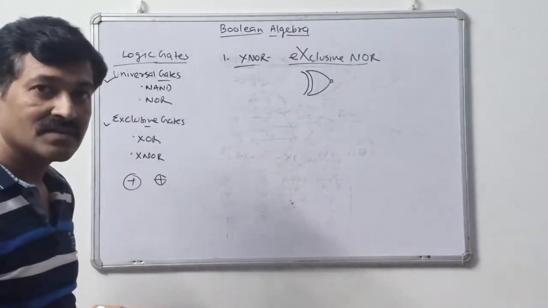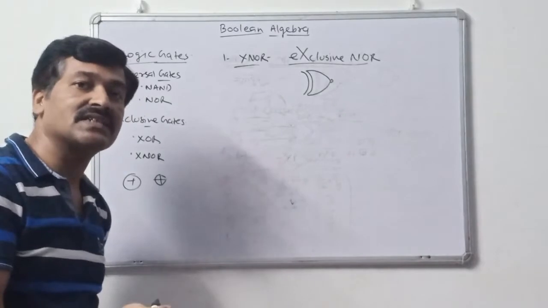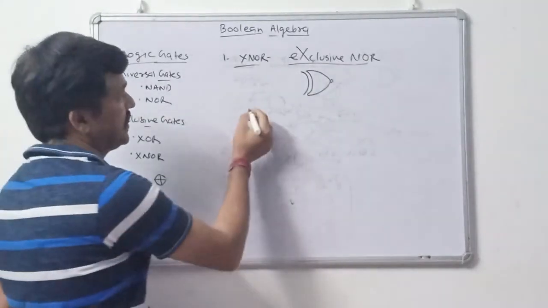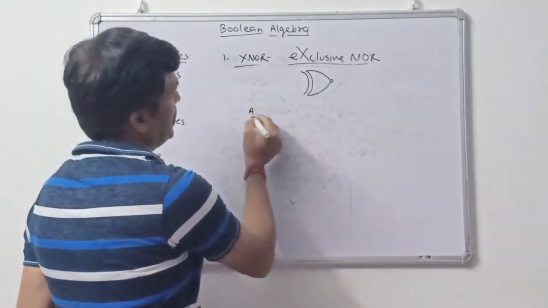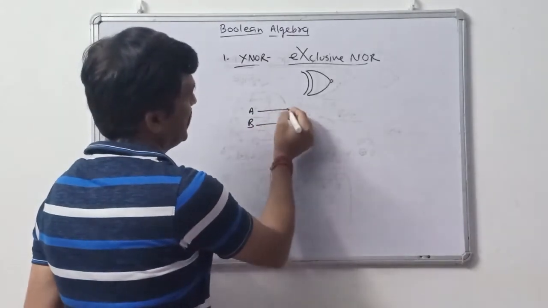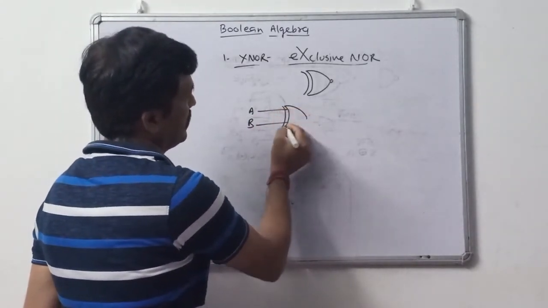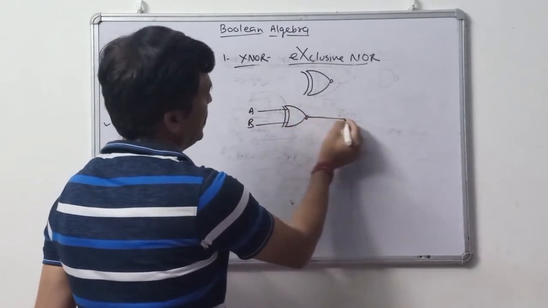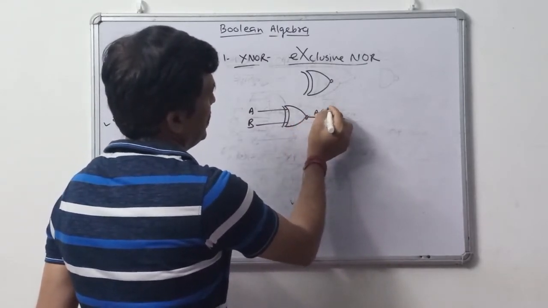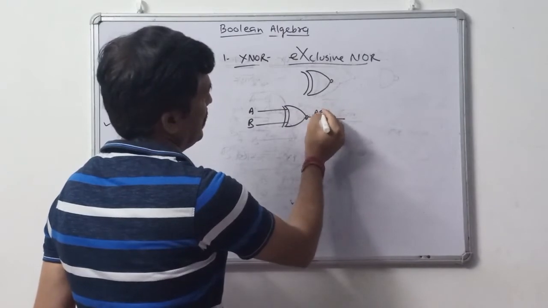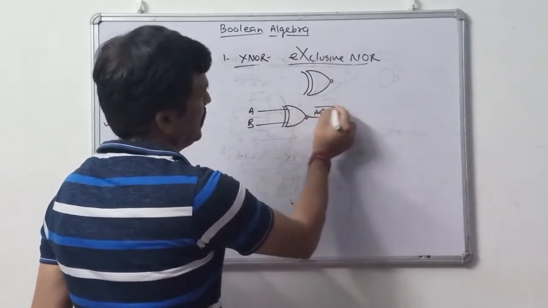So what happens? It reverses the result of XOR. A and B, two are the inputs, placed here, it is A XOR B whole bar.